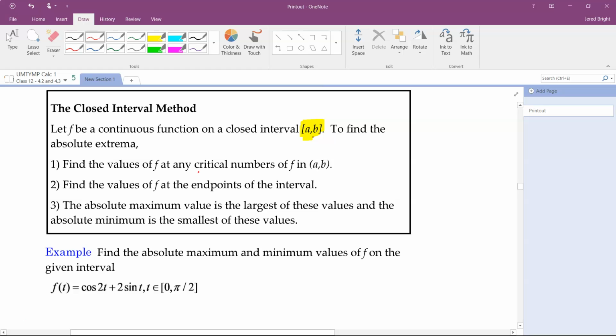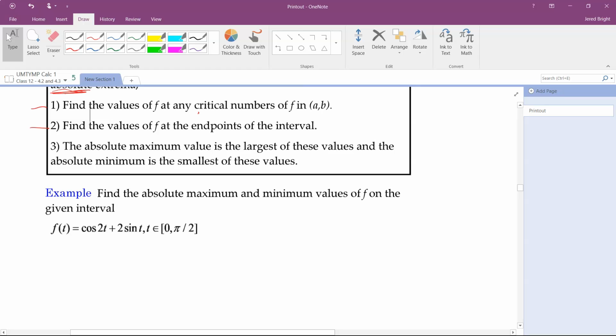And then, to classify the absolute extreme values, you're going to generate a list of those critical numbers and the endpoints, and the largest y value is where you have the absolute maximum, and the smallest is going to be the absolute minimum.